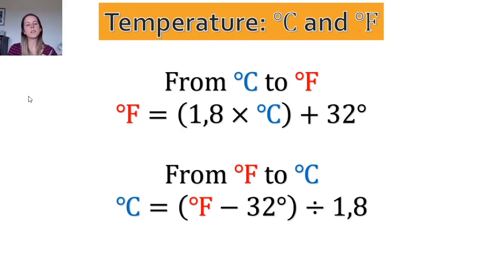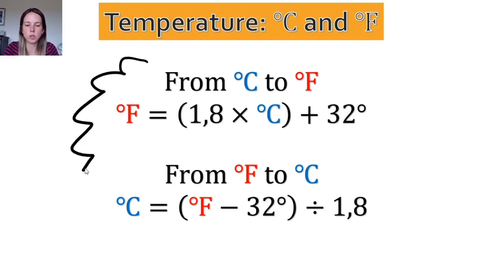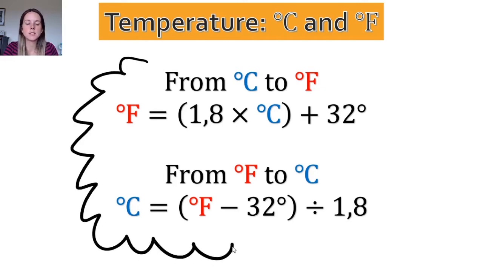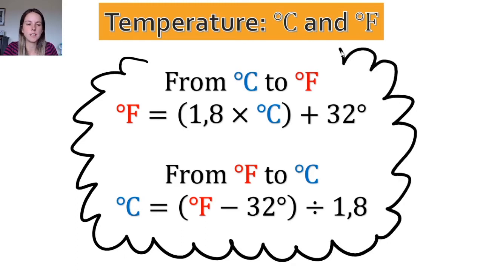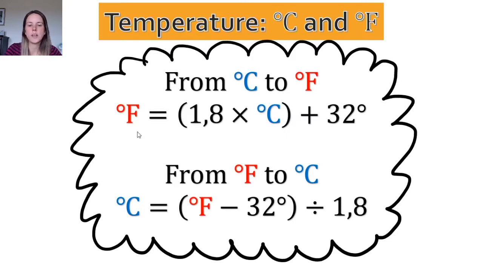That is the equation that we're working from. Please write this down. This is so important to have in your notebook, especially when you revise and you go through the stuff that we have done. So the first equation is from degrees Celsius to degrees Fahrenheit.